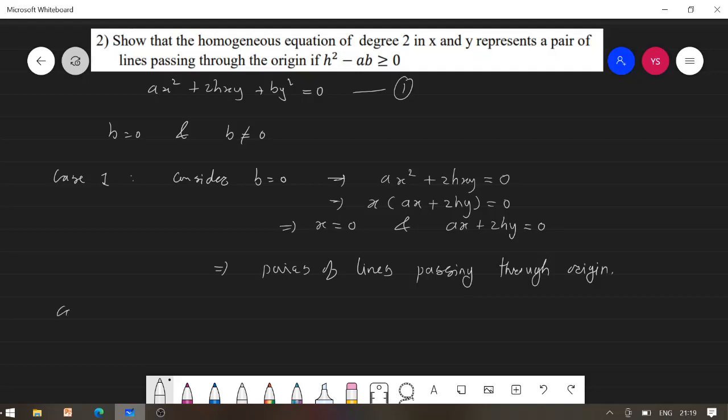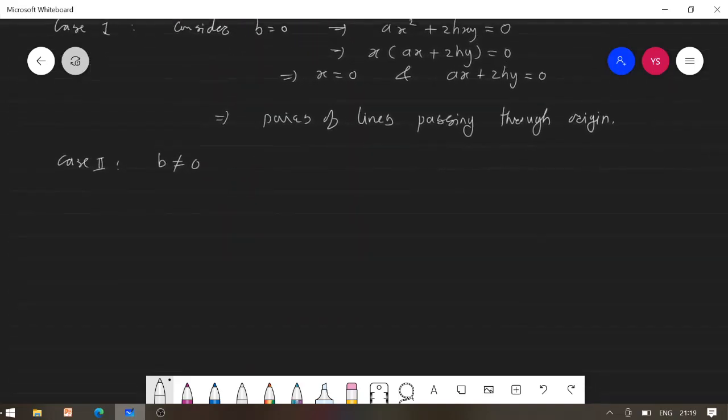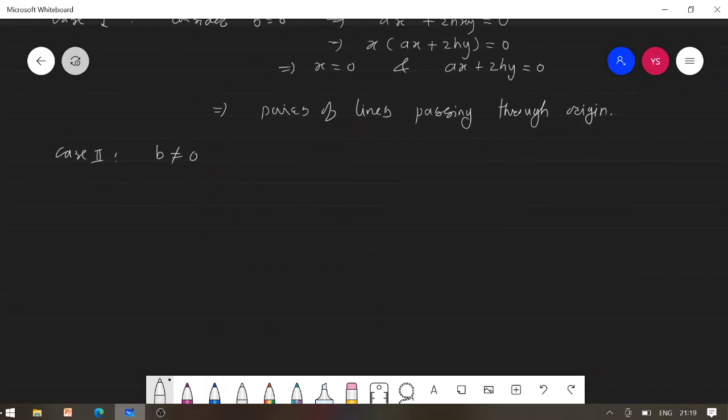Now look at case number second. We have b is not equal to 0. So once b is not equal to 0, look at the equation: ax square plus 2hxy plus by square equals to 0. Try to multiply throughout the equation by b.